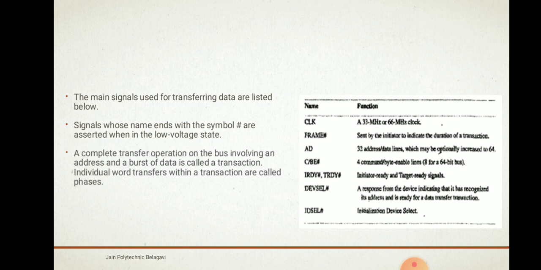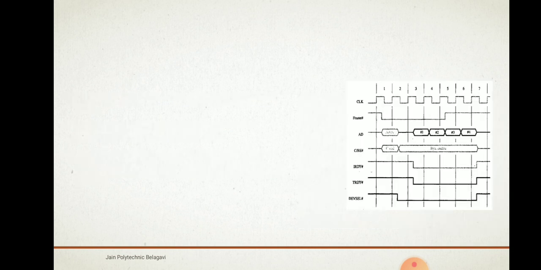The complete transfer operation on the bus, involving an address and a burst of data, is called a transaction. But an individual word transfer within a transaction is called a phase. So the difference here is that a complete transfer of data is called a transaction, whereas an individual word transfer within the transaction is called a phase.